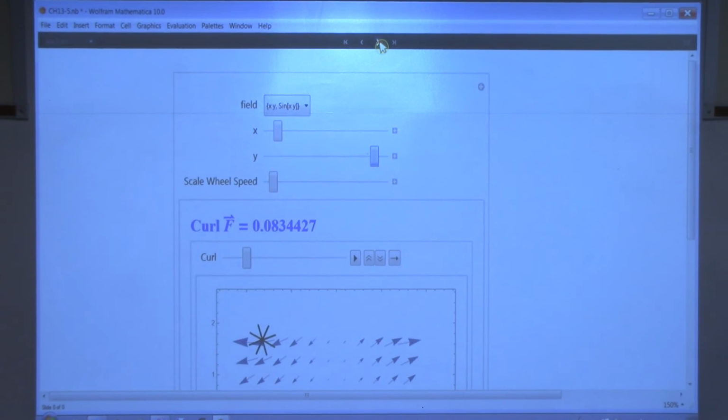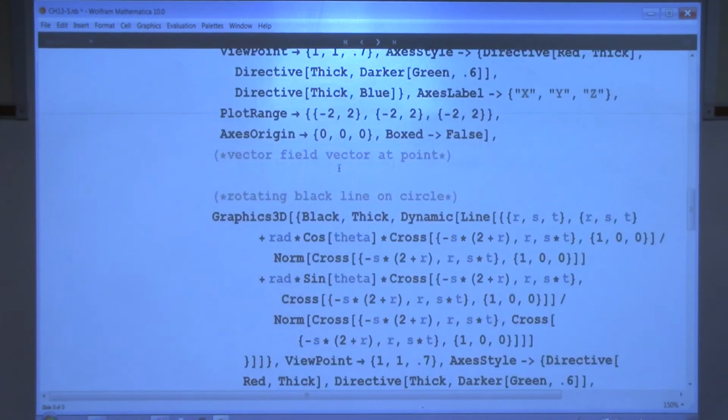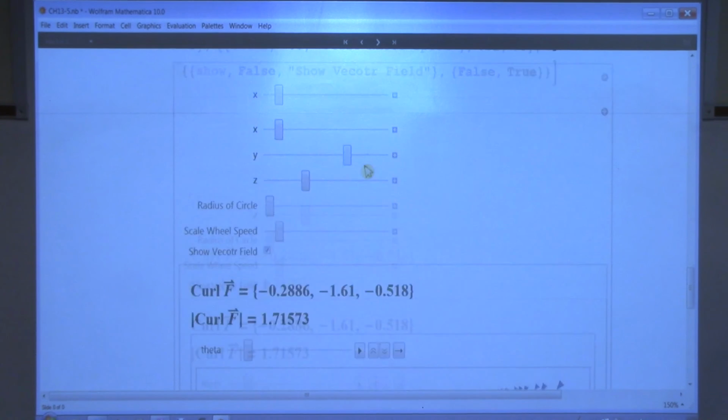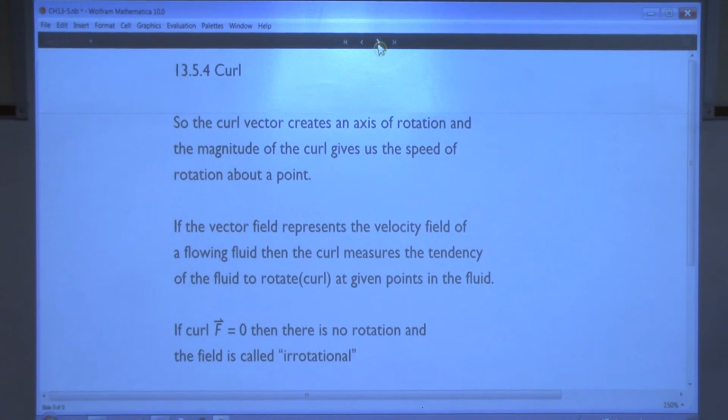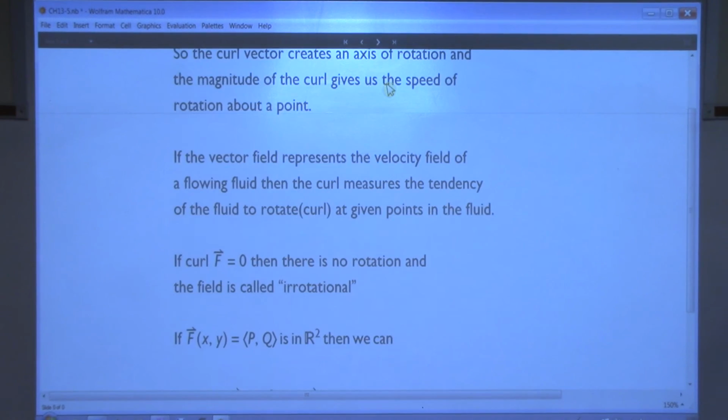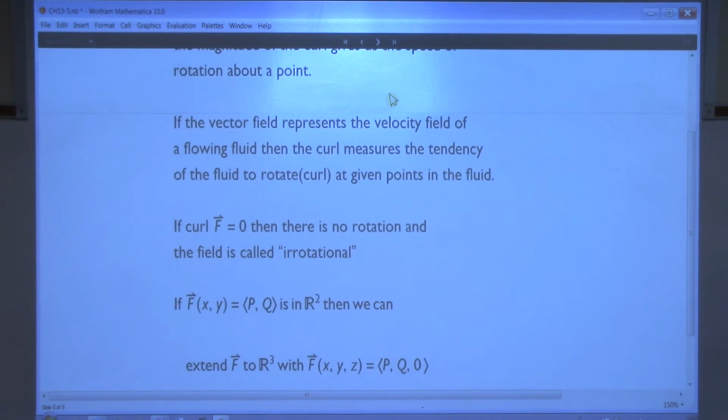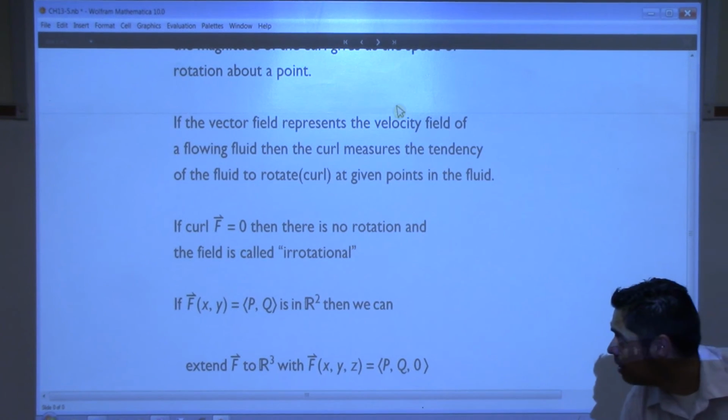We've already interpreted it geometrically. Let me make sure I stop that thing from spinning. Okay. Definition here, it's kind of hidden in here.